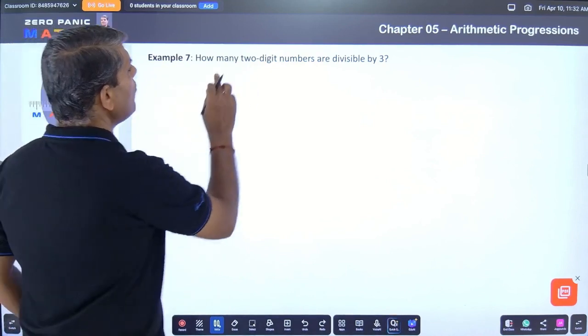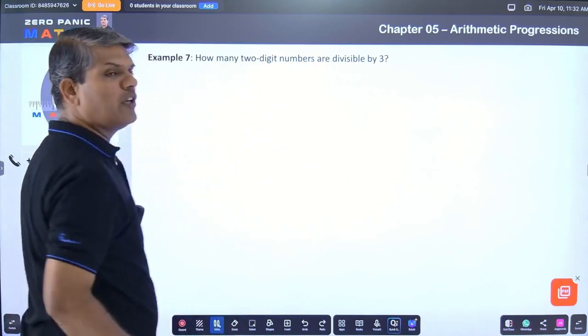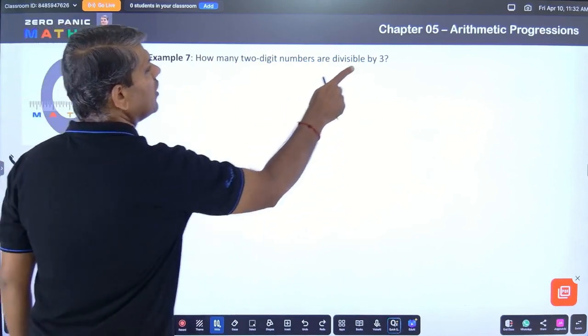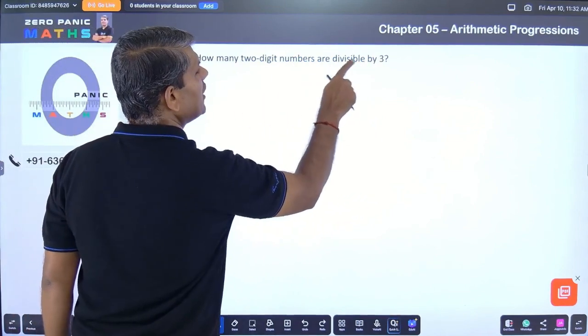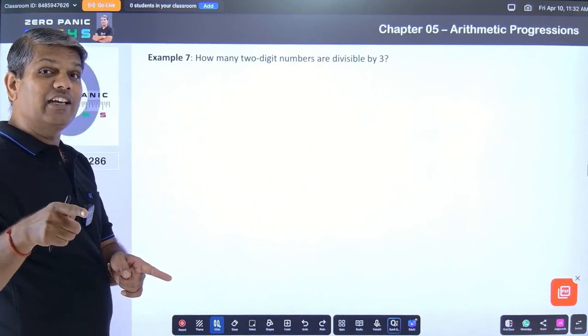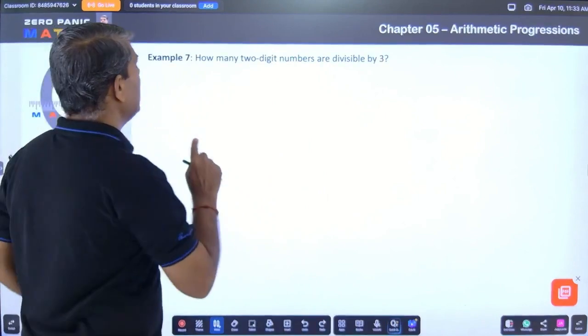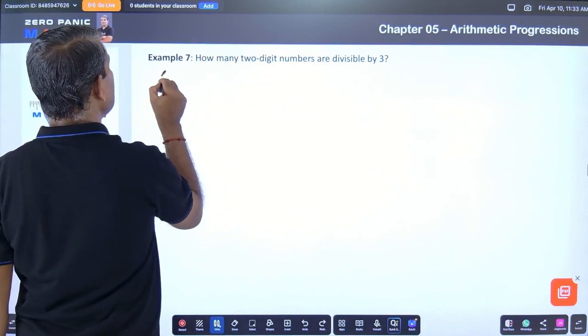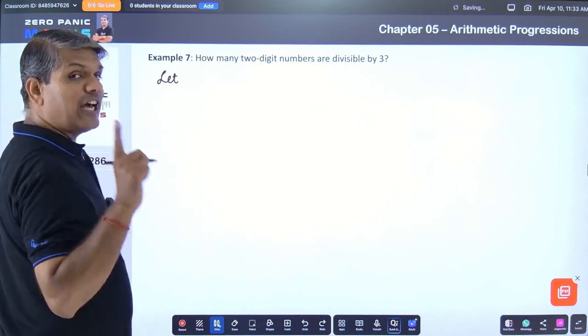So how many 2-digit numbers are divisible by 3? What are the 2-digit numbers? We need to find out the numbers that are divisible by 3 between 10 and 99. Let us first derive the arithmetic progression.